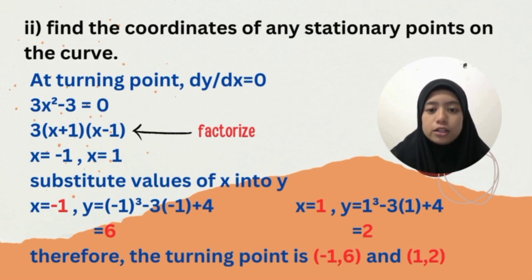We substitute it into y, which is y equals 1 to the power of 3 minus 3 multiplied by 1 plus 4, and it will get 2. Therefore, the stationary points are the coordinates negative 1, 6, and 1, 2.